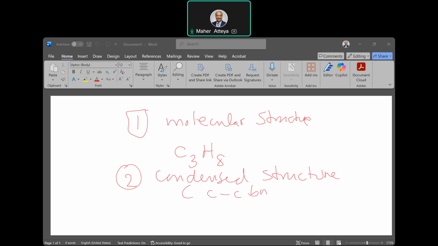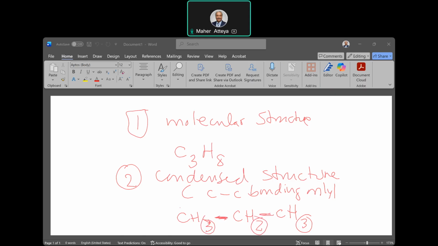Carbon bonding only. So I have 3 carbons, CH3, CH2, CH3. If you count the number of hydrogens, 3 and 2, 5, and 3, 8. That's correct. So this is a condensed structure, so I show just the carbon-carbon single bond, or I show the double bond, but I don't show the details.